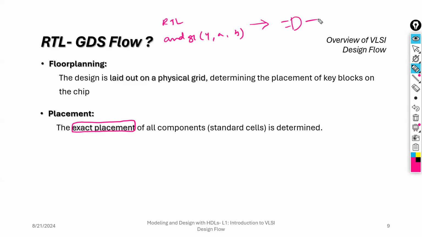It will choose an AND gate. Therefore, it is a technology dependent AND gate. This AND gate we can call a standard cell.